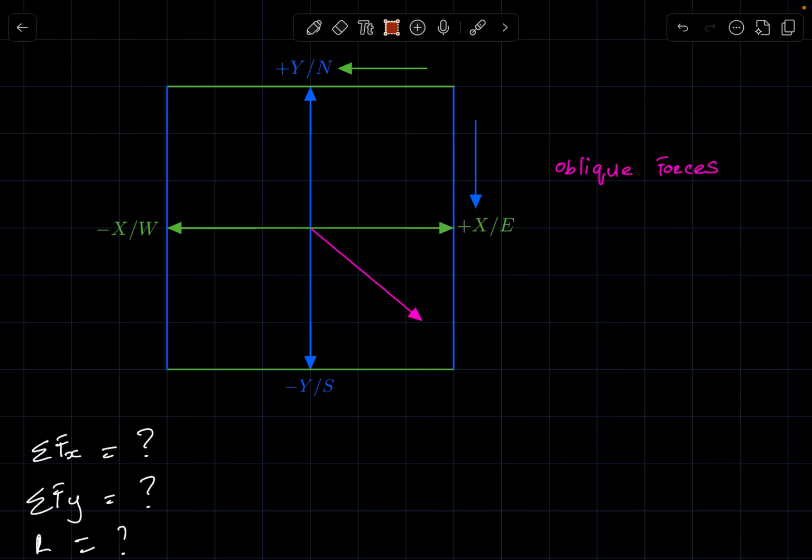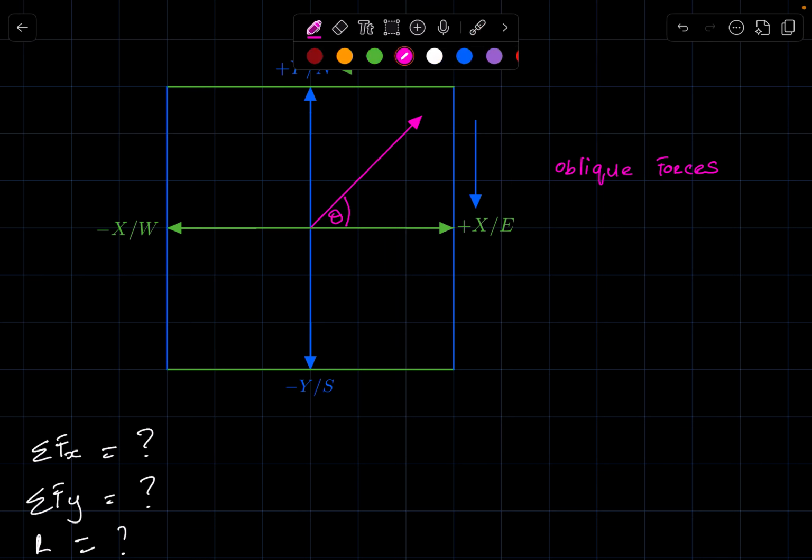But those aren't the only forces that we get to consider acting on this plane. We also get oblique forces. Oblique forces are forces that form an angle with the Cartesian plane. So for instance, this one is forming an angle of theta. This angle of theta is measured from the x-axis to the oblique force.